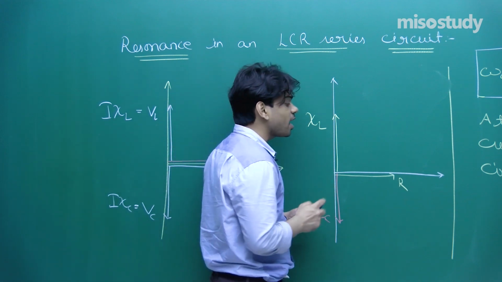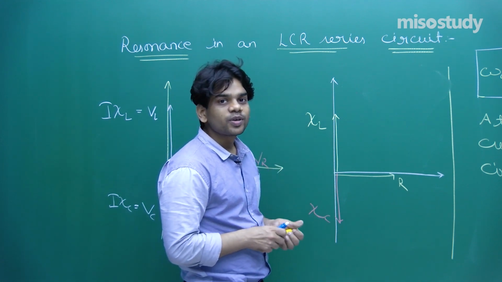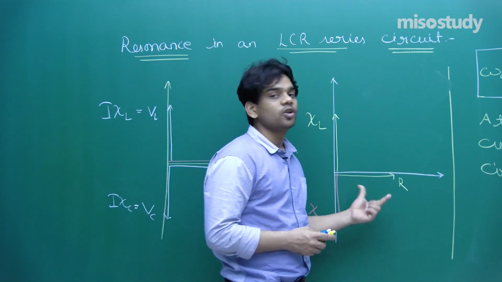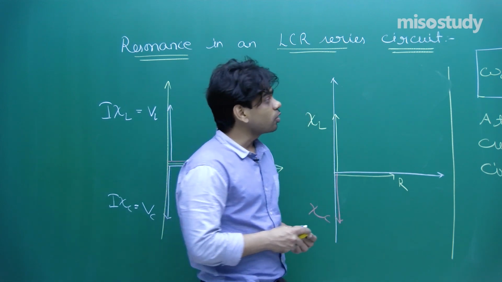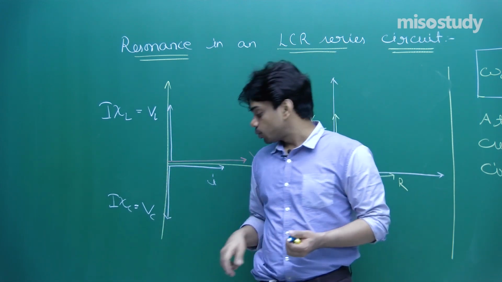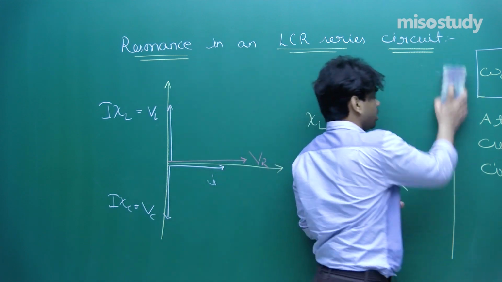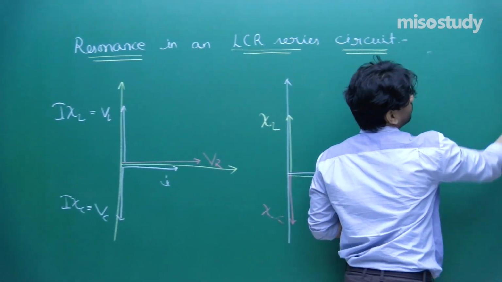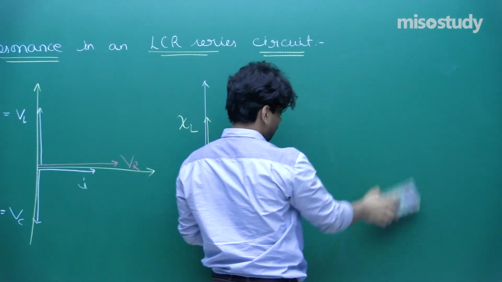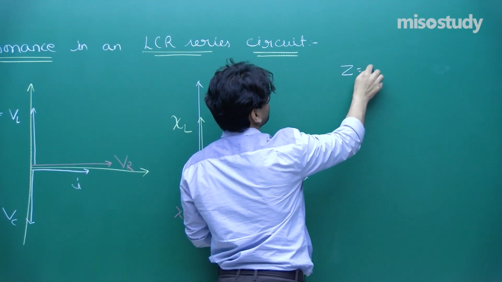We are only having the effective impedance due to the resistor element, and that is only along the x-axis. That is what I have written. Z is equal to the impedance provided by the circuit, that will be equal to the resistance of the resistor applied. So Z will become R.